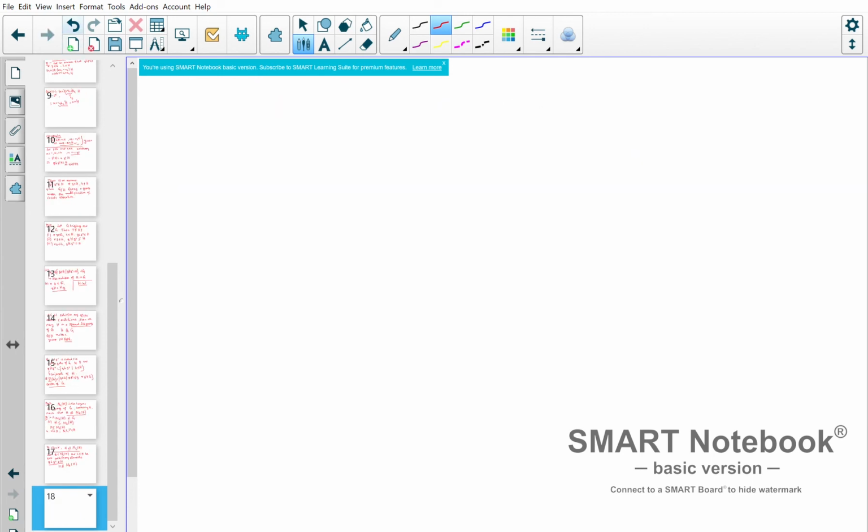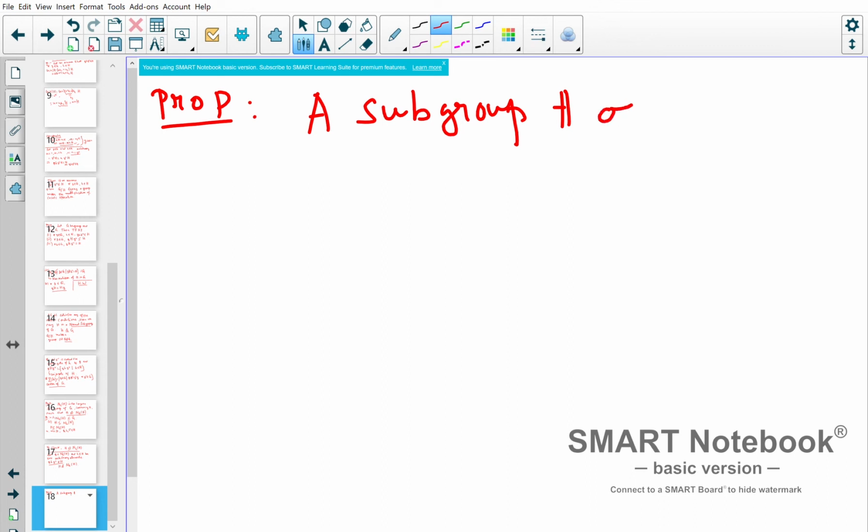So these are small observations you should learn. And one more nice property, or you can write it down as a proposition or theorem. You should prove that a subgroup H of G is normal if and only if H is the kernel of some homomorphism from G to some group. How to check that something is normal in another way?